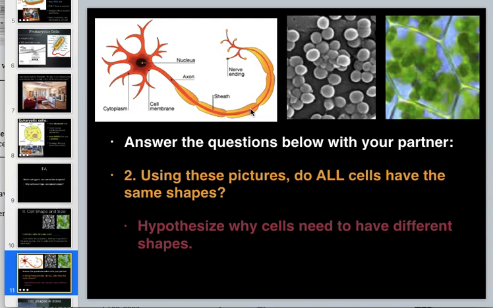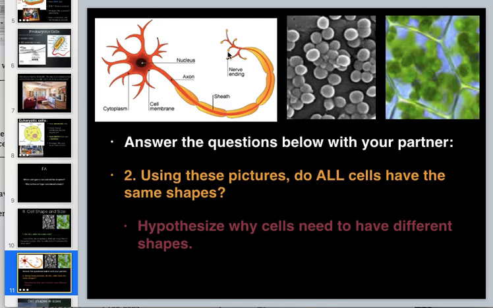Okay, so why do cells have different sizes? Why do they have different shapes? Well, it relates to their job, also called their function. So the function or job of this cell is these tell you when in the middle of the night you wake up and you stump your toe on the bedpost because you can't see.